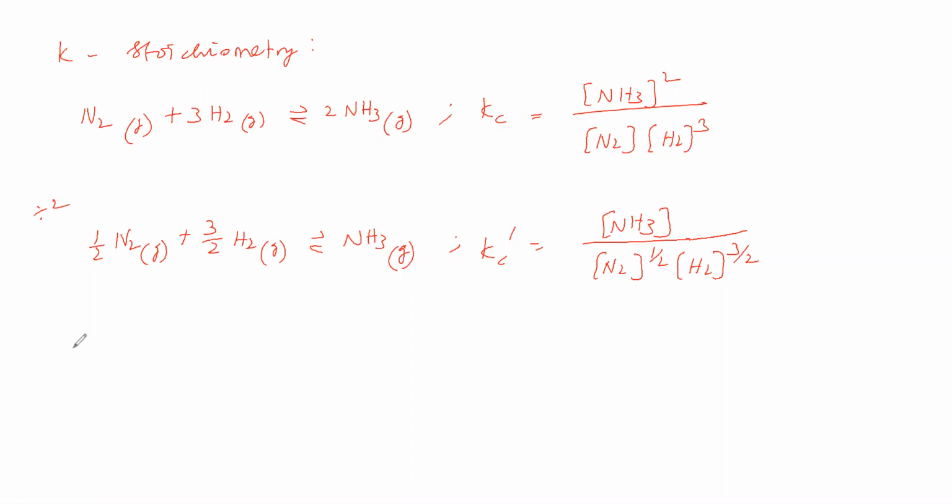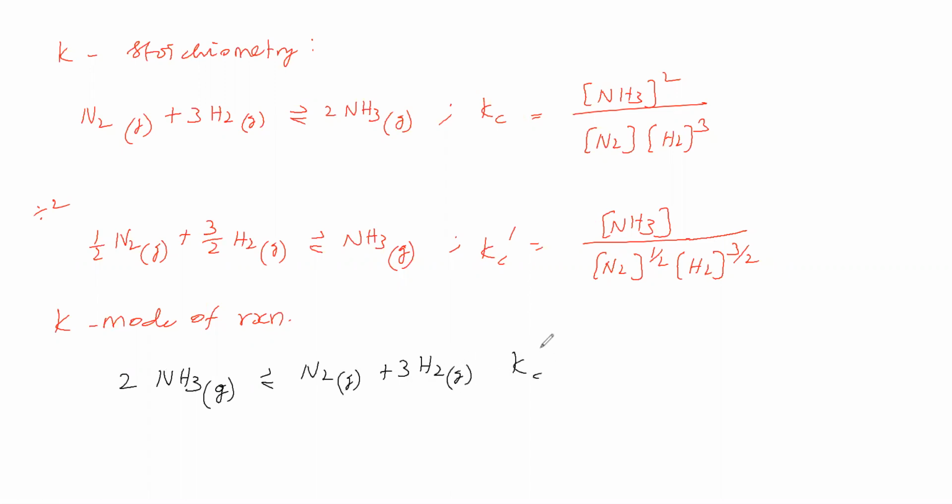Then the equilibrium constant depends on the mode of reaction. Let us reverse the first equation. On reversing, we get ammonia in gaseous state gives nitrogen in gaseous state plus hydrogen in gaseous state.